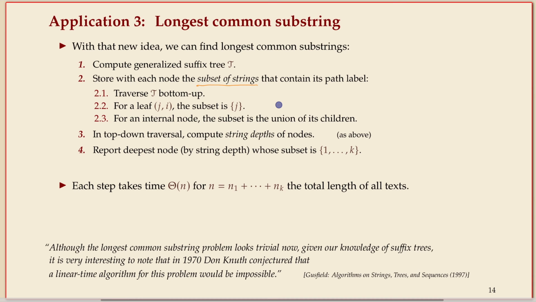And so I annotate all the nodes in this generalized suffix tree by all the substrings that have some leaf from this substring below it. We can do this bottom up: for the leaves, just take the single string they correspond to, and when you go from children back to parent, you just take the union of all the substrings. That's how you can compute this in linear time.